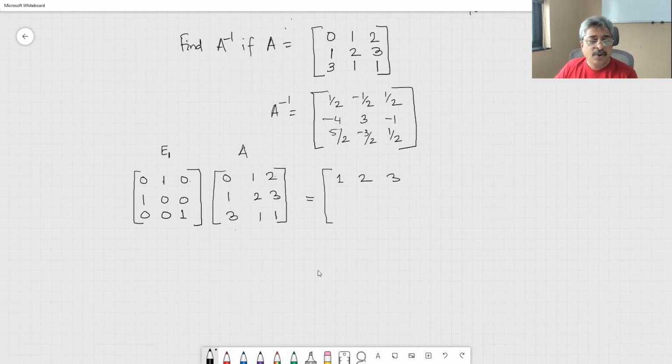Now the second row, 1 into 0, 0, 0 into 1, 0, 0 into 0, 0. 1 into 1, 1, 0, 0. 1 into 2, 2, 0, 0.